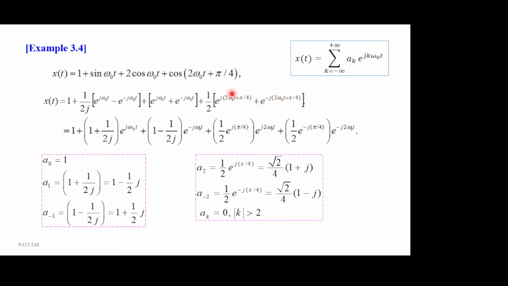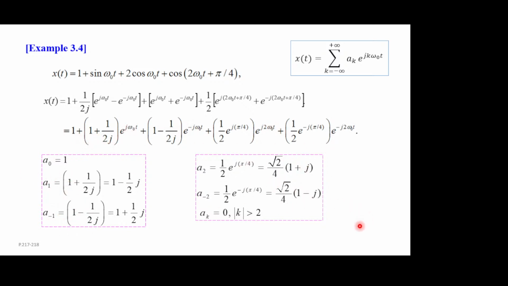Then for those with the extra pi/4, you can break the exponential, and that just gives an extra e to the j pi/4 multiplying your ak. And here you have k equal to 2 and k equal to -2, and the extra pi/4 gives you this extra factor. So now this form is already the summation of ak e to the jk omega naught t, with k equals 0, 1, -1, +2, -2. And the coefficients are here, so we are listing them here.